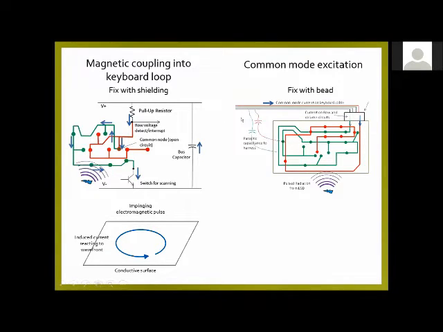There's different ways we get this signal. One is through those loops. Another way, there's a common mode path from the keyboard through the cable. And so you have to deal with both of these problems in order to fix this.